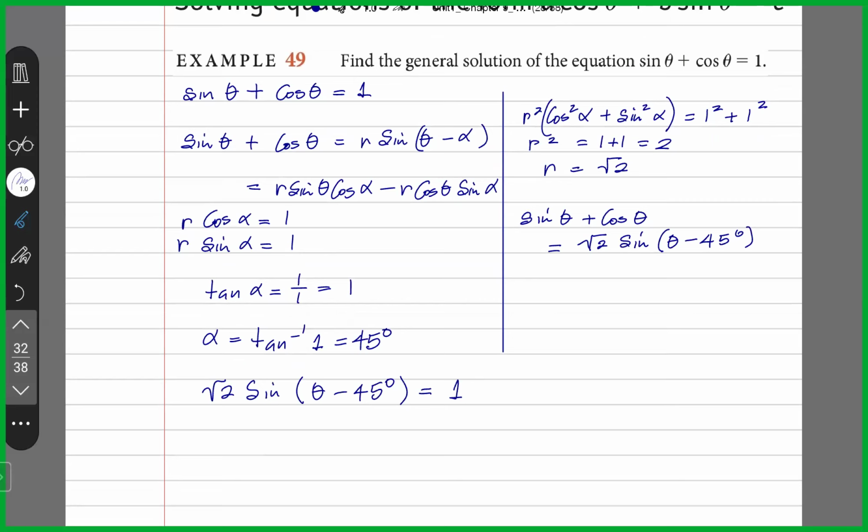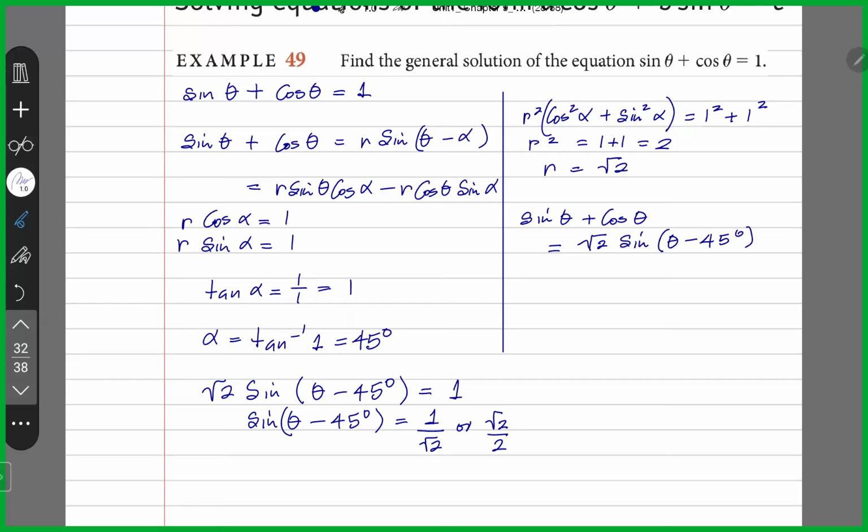If I divide both sides by root 2, I'm going to get sin(theta minus 45 degrees) is equal to 1 over root 2, which is the same as root 2 over 2.